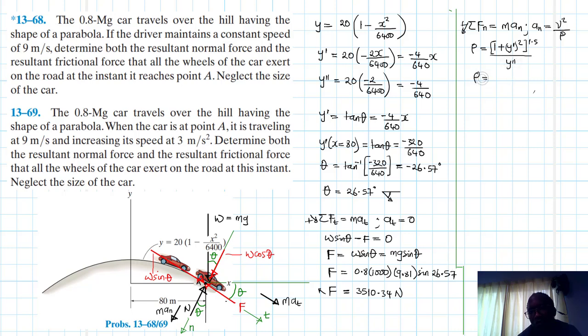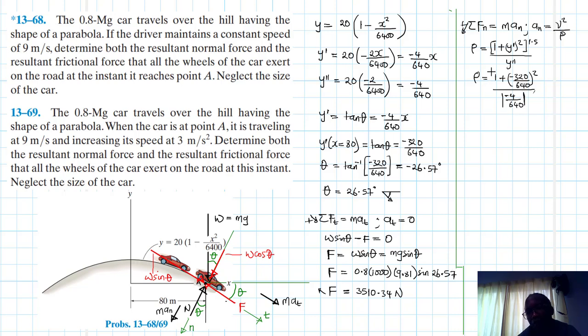So our rho will be 1 plus y prime at 80, which we found is minus 320 divided by 640, squared, divided by y double prime, which is minus 40 divided by 640, and we always take the modulus.